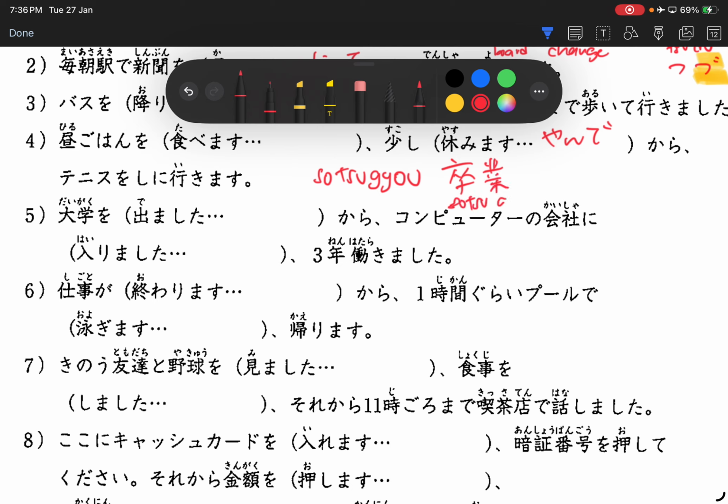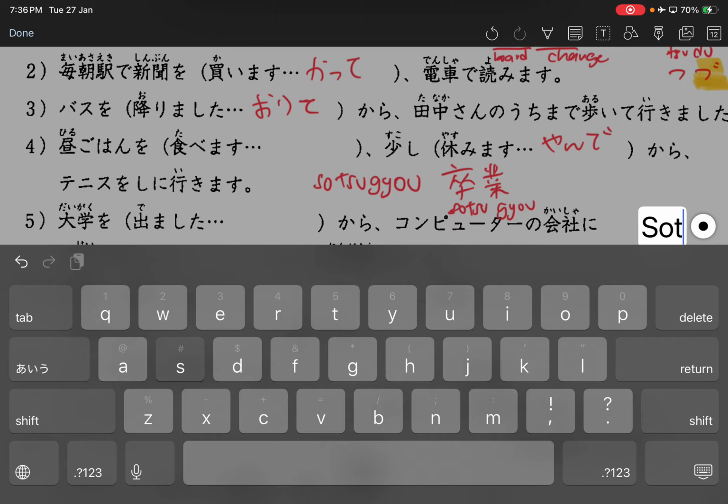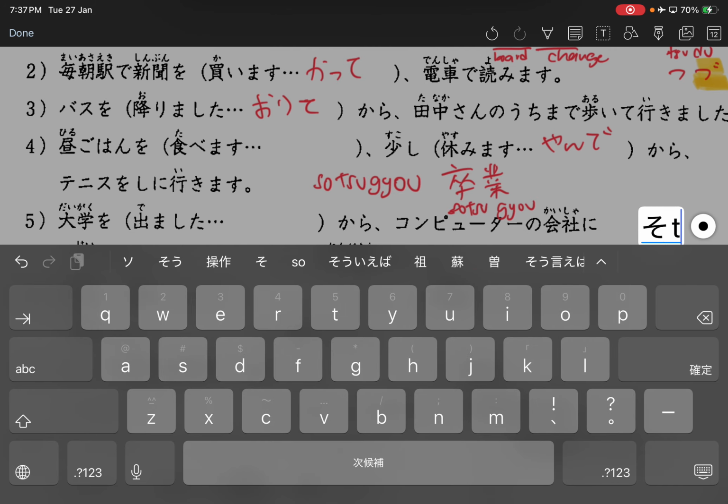This is 卒業. 卒業します means to graduate honorably. 卒業. Cannot see. There's seats here by the way. 卒業.